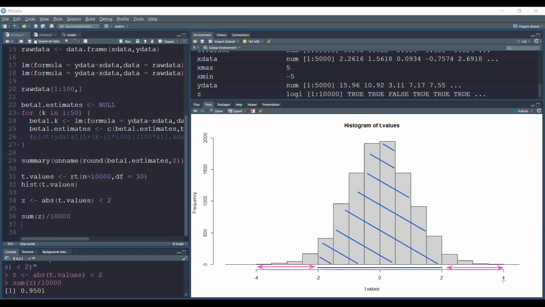Meaning what? Meaning that to reject the null hypothesis, your t statistic, well, we're rejecting, right? So shall I use red for rejecting? Your t statistic has to be somewhere here or somewhere here. It's probably easier to just work with the absolute value, right?